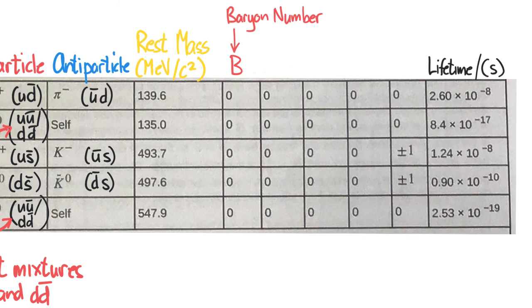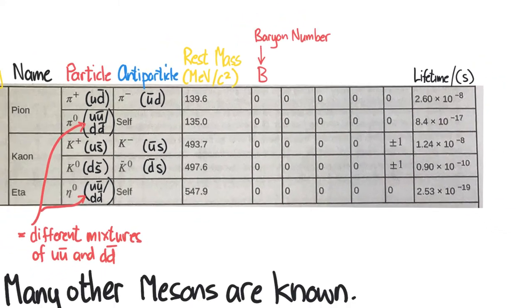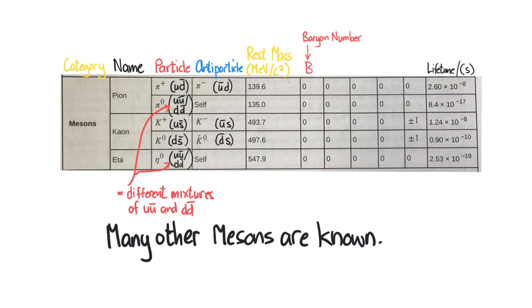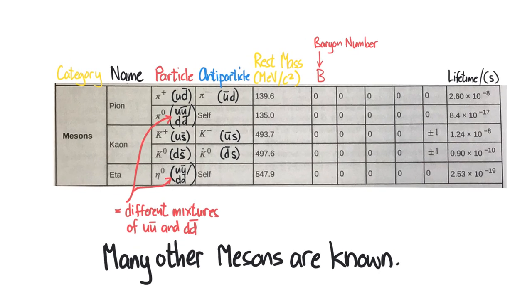Their baryon numbers are all 0, as we've mentioned, and they have extremely small lifetimes, much less than a second. So here too, it's important to know that there are many mesons, but these are the ones that we are going to focus on and the ones that you need to know.